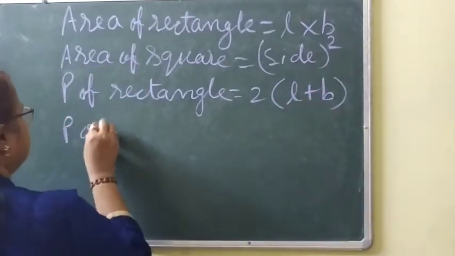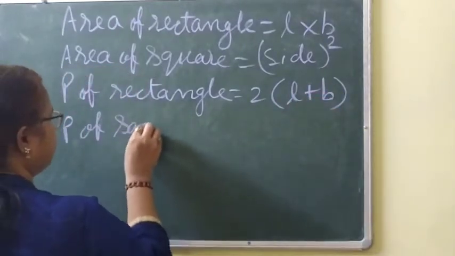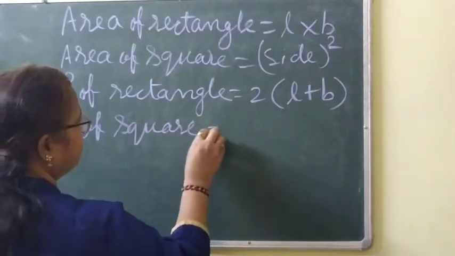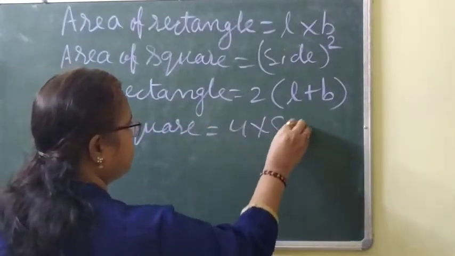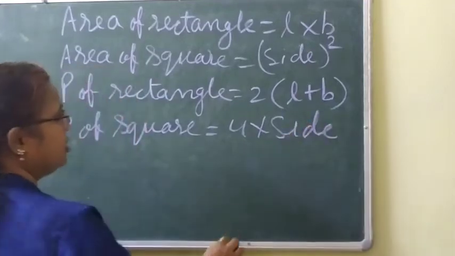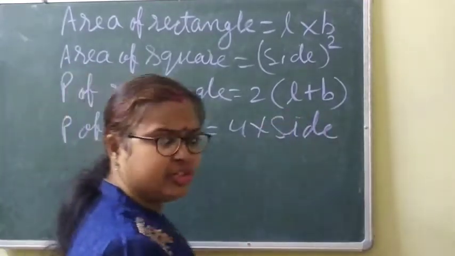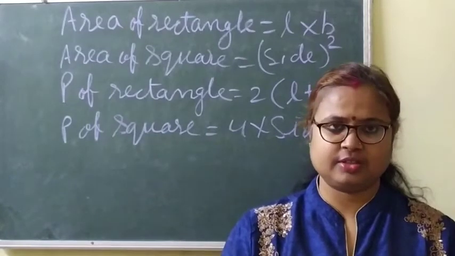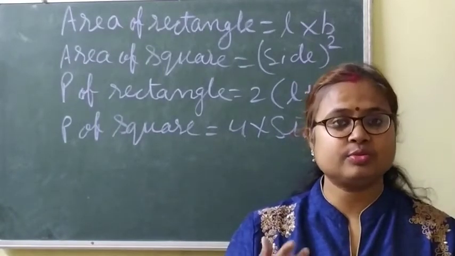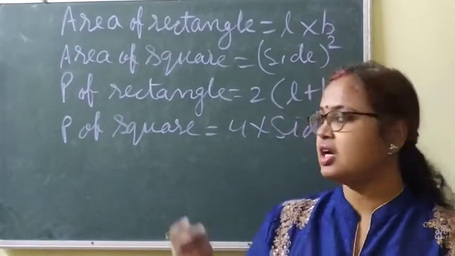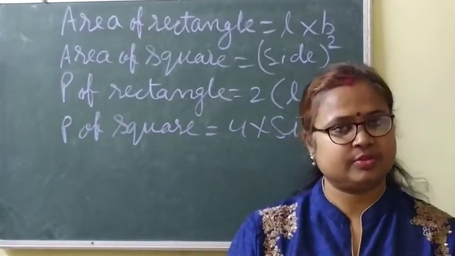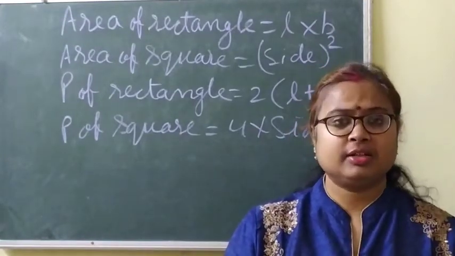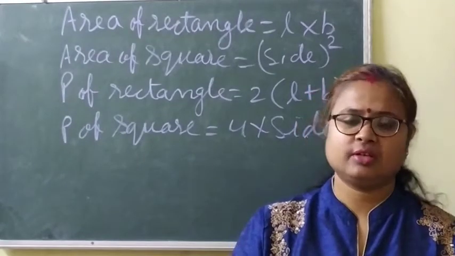And then perimeter of square is 4 into side. Clear? These are the basic formulas that I am going to use in mensuration. Means the questions that I am going to solve, in those questions I will use these basic concepts. Okay. So let's start the class with a question.